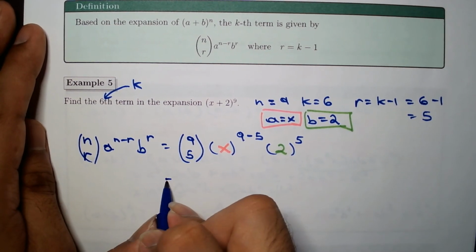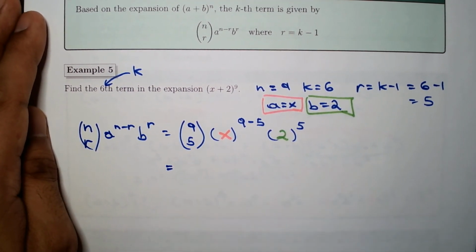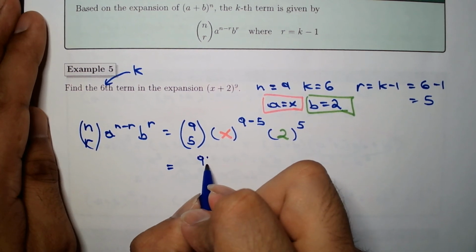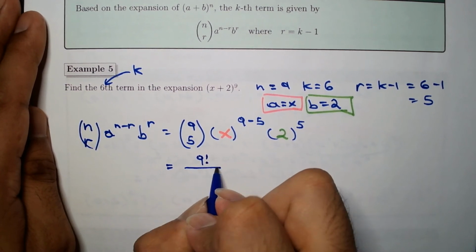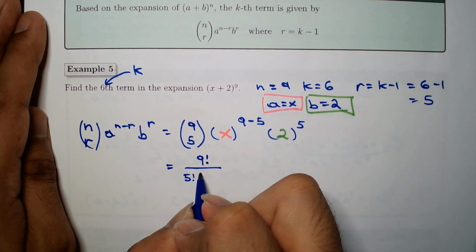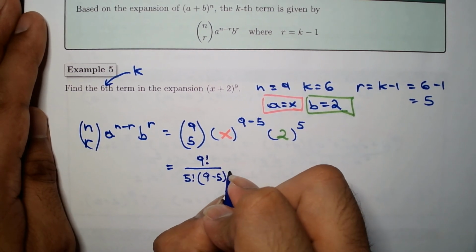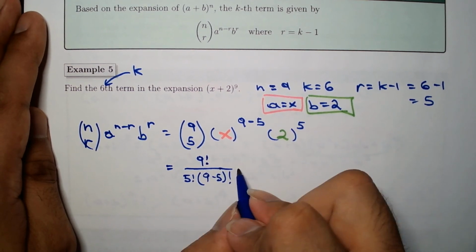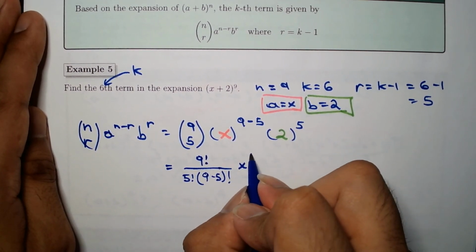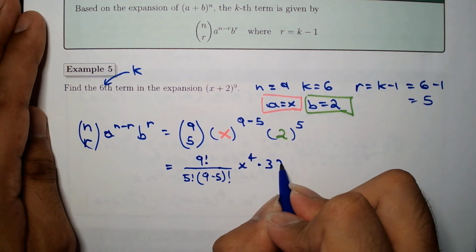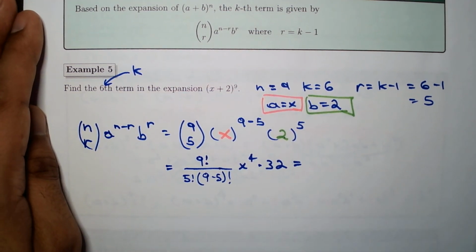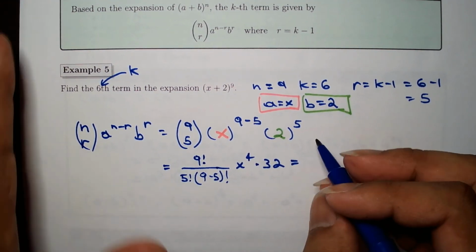I'm going to set this up as the binomial coefficient, so that's 9 factorial over 5 factorial times 9 minus 5 factorial times x to the 9 minus 5, which is 4, to the 5th, which is 32. And in this case, we need to keep simplifying.